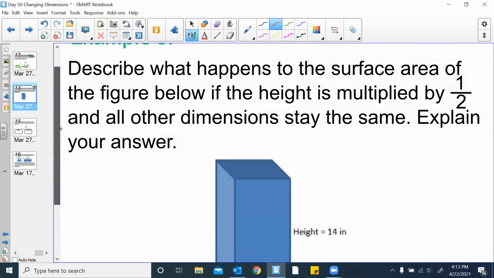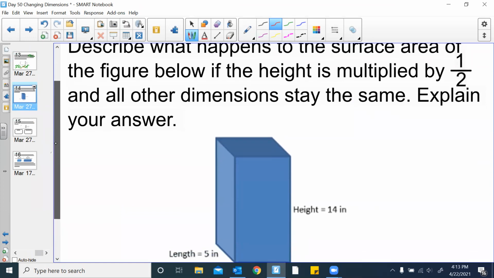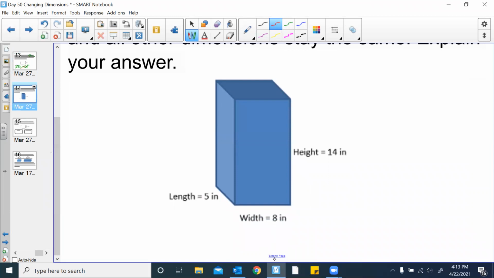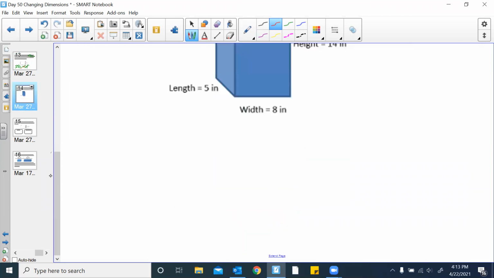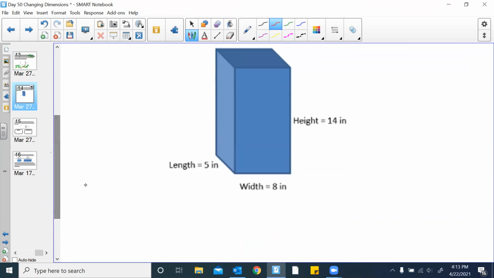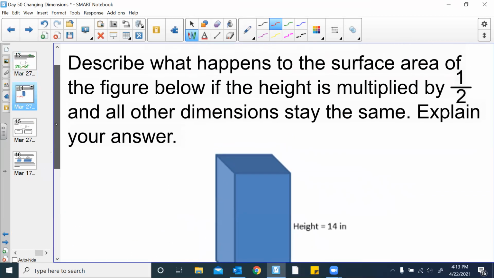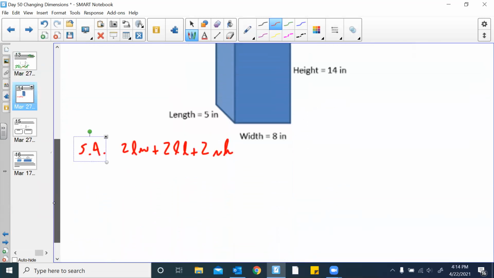All right, describe what would happen if the height is multiplied by a half and all other dimensions stay the same. So we would have to do those 2 formulas again. So surface area: 2 times length times width, plus 2 times length times height, plus 2 times width times height. We're multiplying the height by a half.